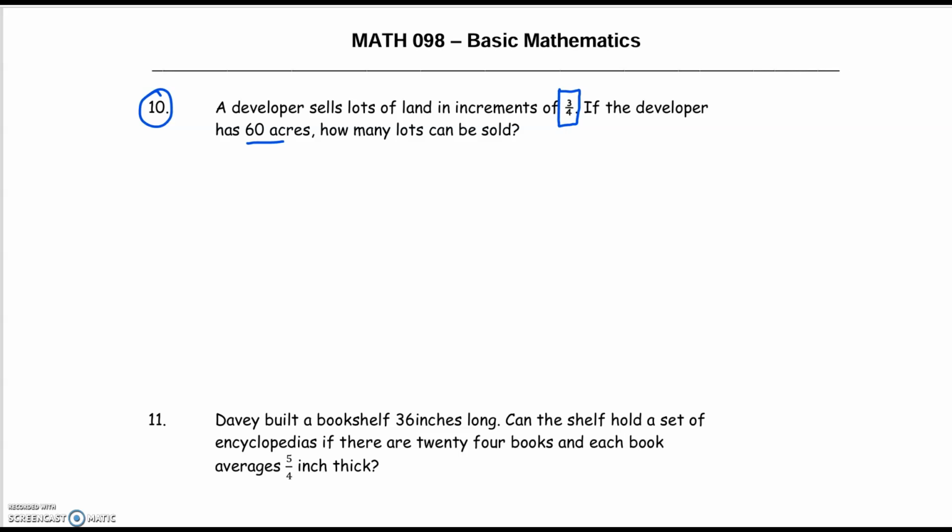So if I want to divide 60 acres into 1 acre lots, then I can sell 60 lots because I'm dividing 60 acres by 1 acre, and that gives me 60 lots.